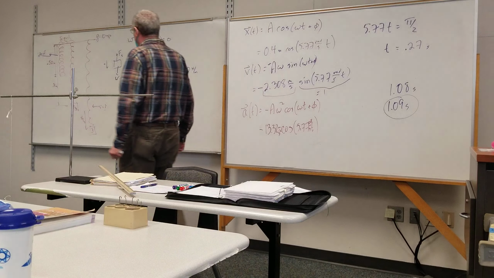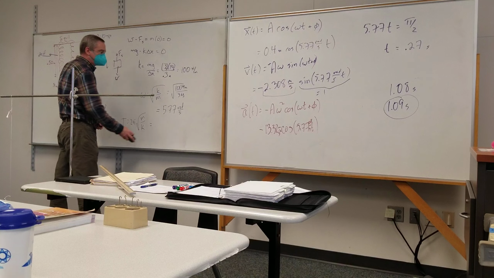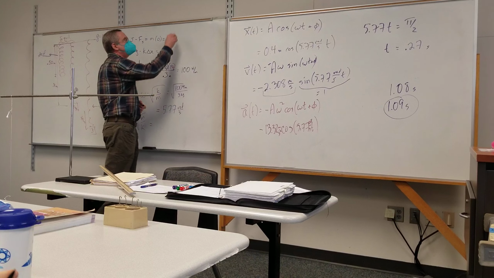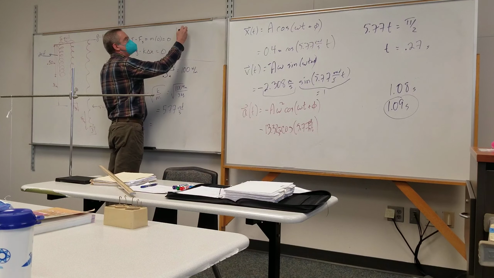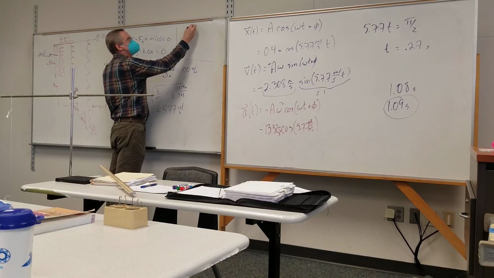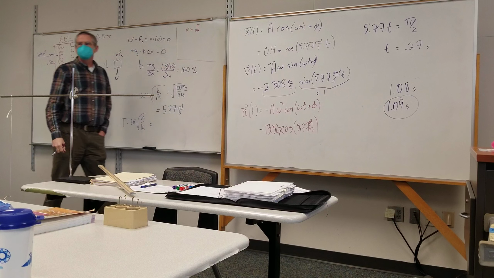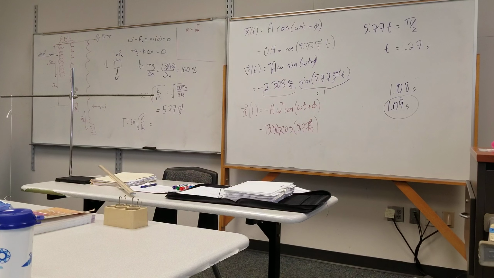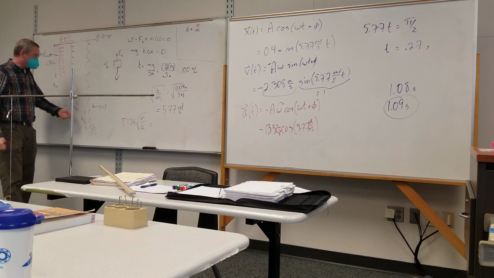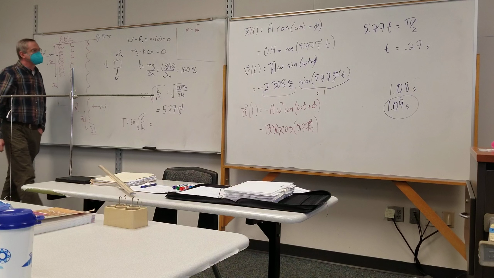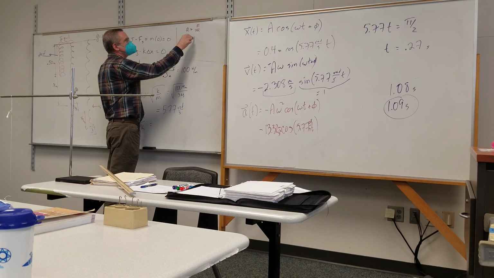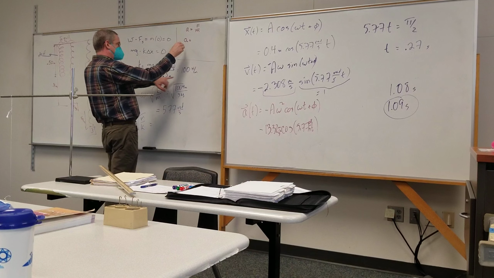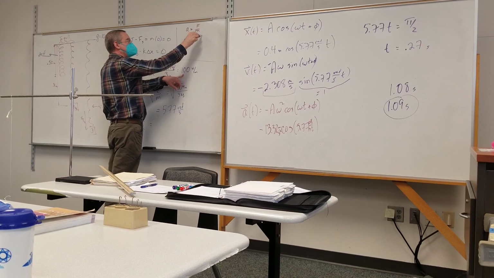So let's think about our situation here. I pull it down, I let go. I know that acceleration is equal to force divided by mass. I stretch it down 40 centimeters from here, and so this is K of 100 newtons per meter.